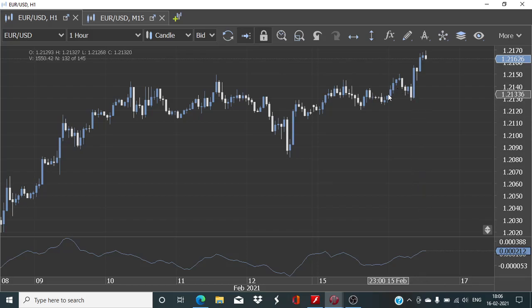Rather, we can define a static value, and I think 10 pips should be good enough. At least that much volatility, that much price difference, should be there between two closing values of the historical candles, and that should be good enough. And also, we won't really be going for the market open in this indicator based algorithm.